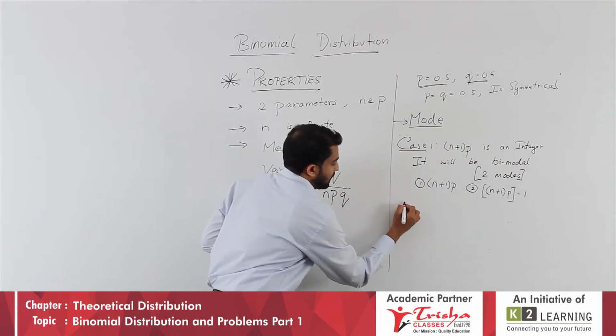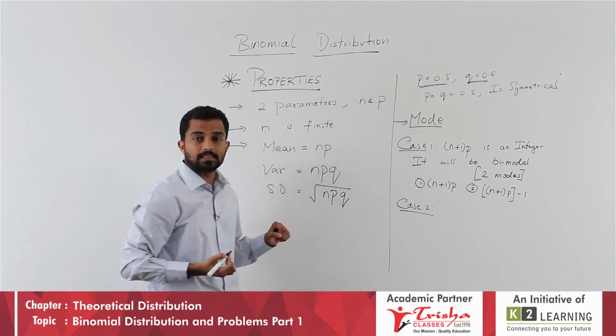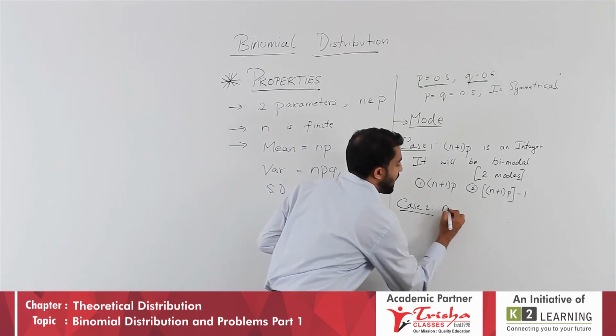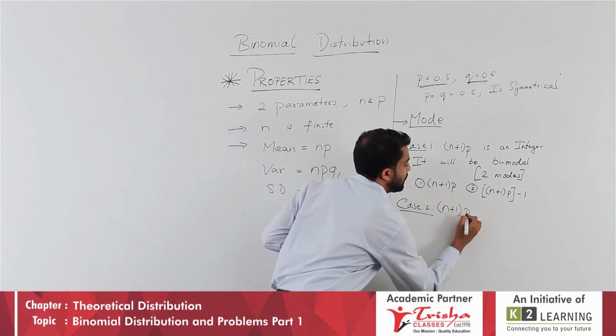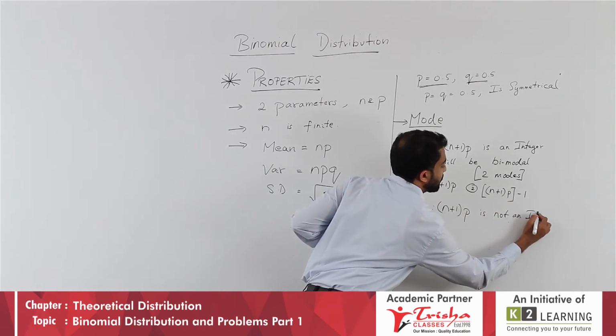Okay, let us see what is case 2 now. Case 2 is whenever (n plus 1) into p is not an integer.